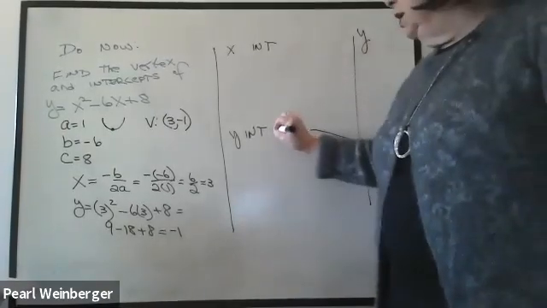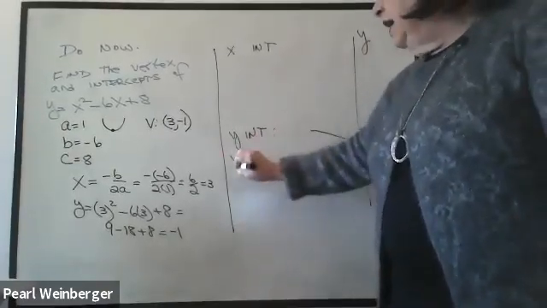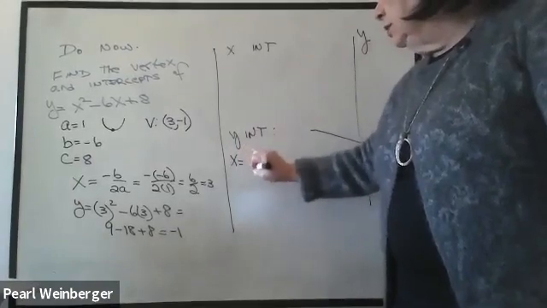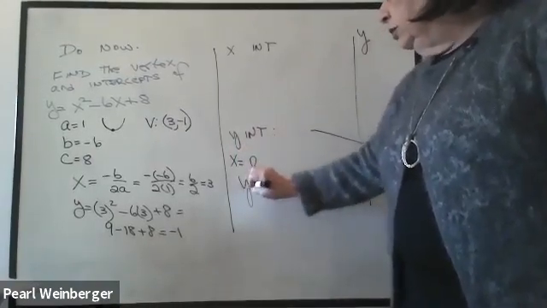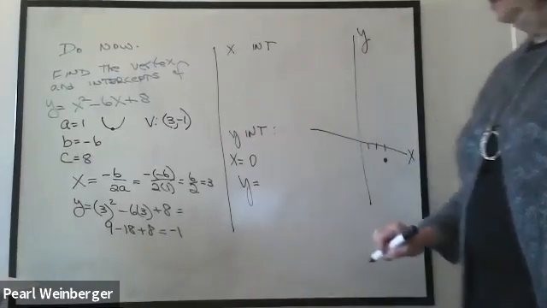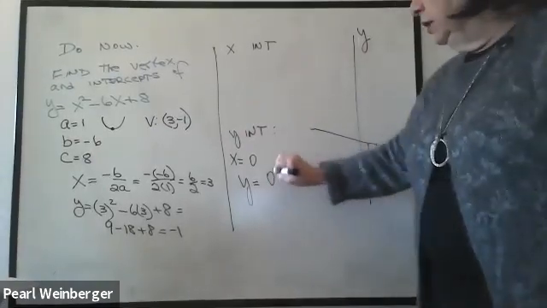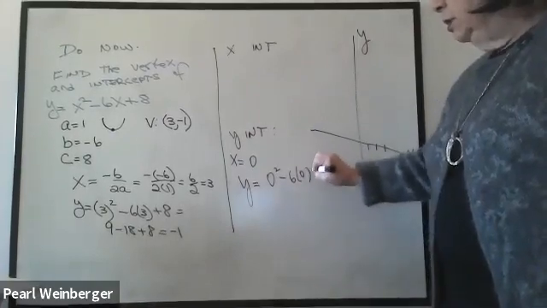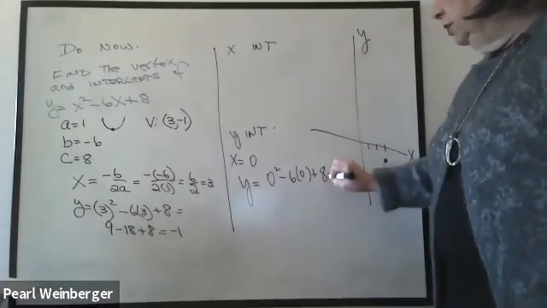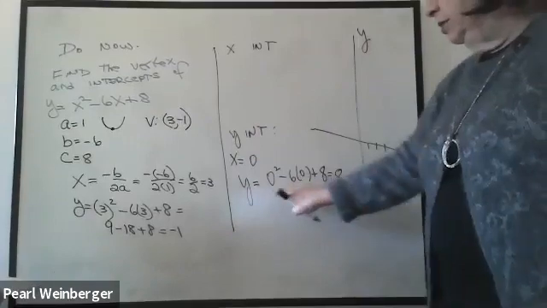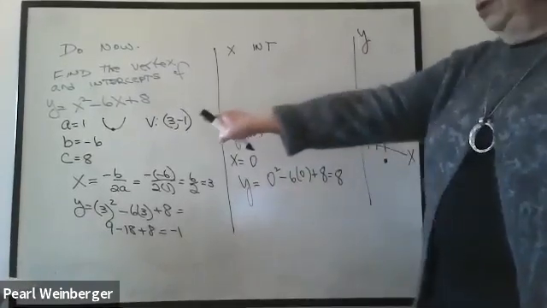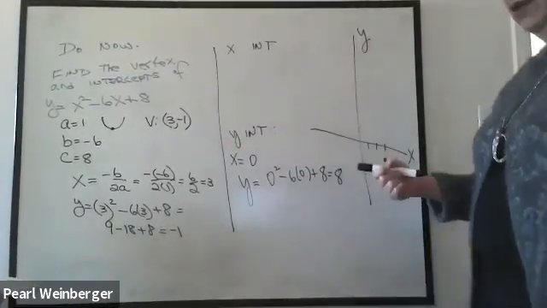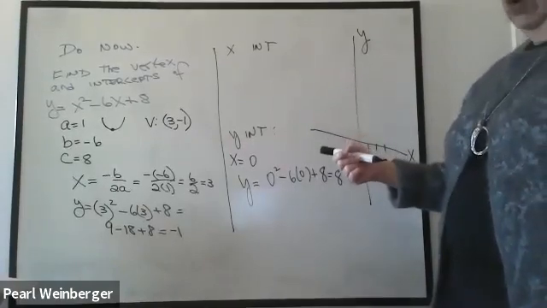Let's work on the y-intercept. First, we find it by setting x equal to 0 in our equation. So that'll give me 0 squared minus 6 times 0 plus 8, which is just 8, because the rest is all 0. In other words, the c is going to give us our y-intercept.